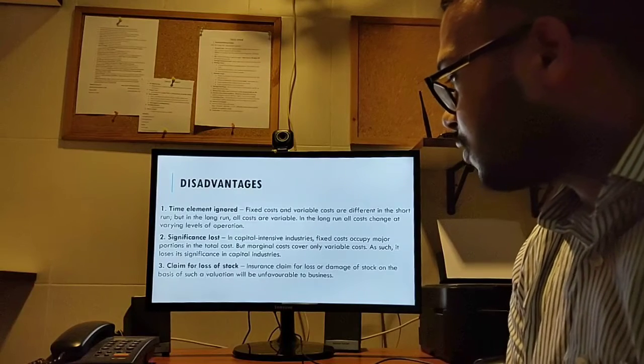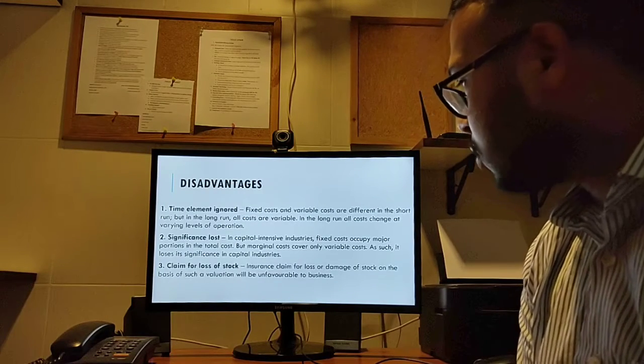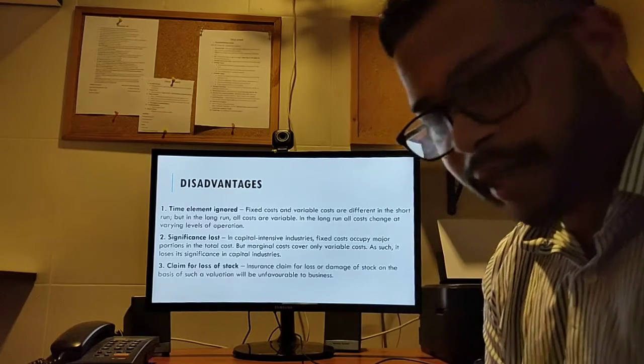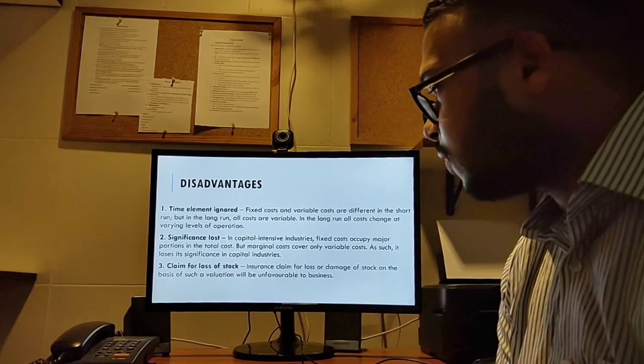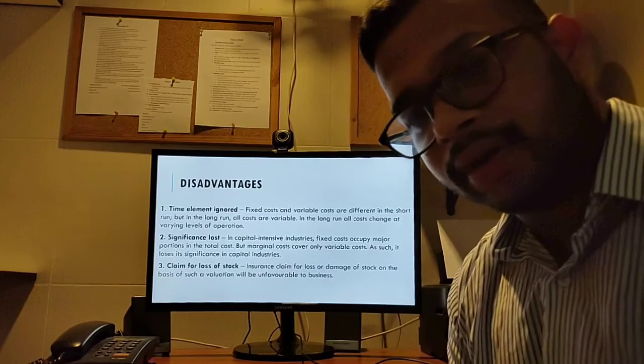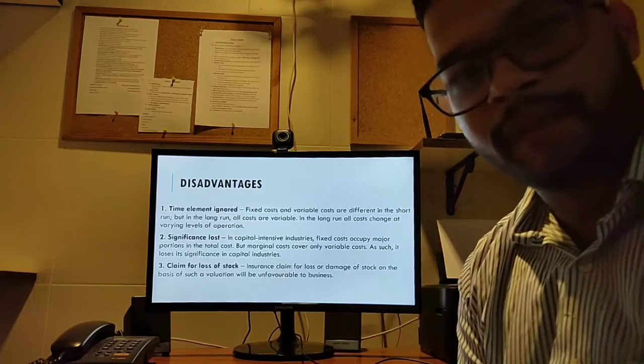Now, claims for loss of stock. Insurance claims for loss or damage of stock on the basis of such a valuation will be unfavorable to the business. Let me explain. When an uncertain event has occurred and you're incurring a loss as a result, you need to claim for insurance, of course.